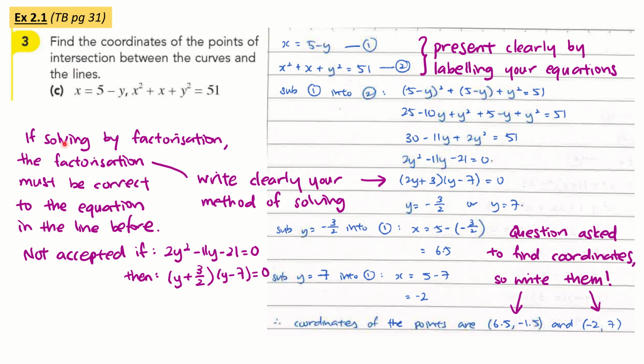If you're going to solve by factorization, the factorization must actually be correct. So for example, the equation that you wrote in the previous line is 2y squared minus 11y minus 21 equals 0. It is not possible that the factorization is going to be y plus 3 over 2 times y minus 7 equals 0. This factorization is not equivalent to what you have in the line before.